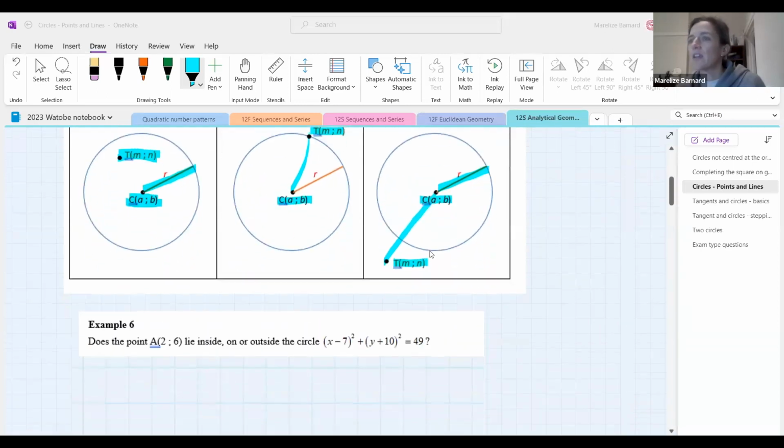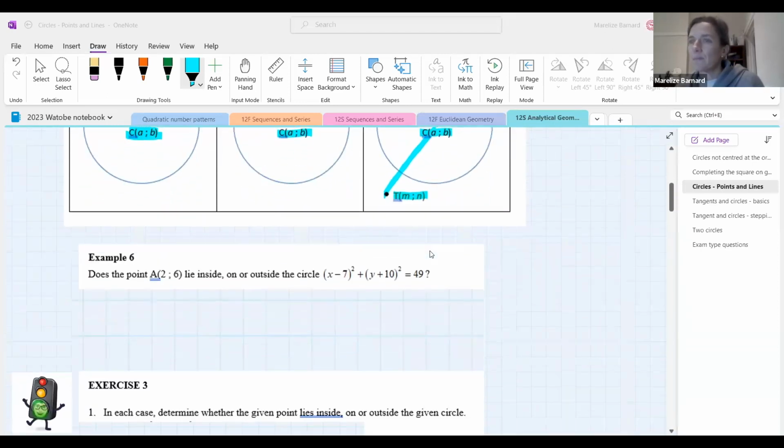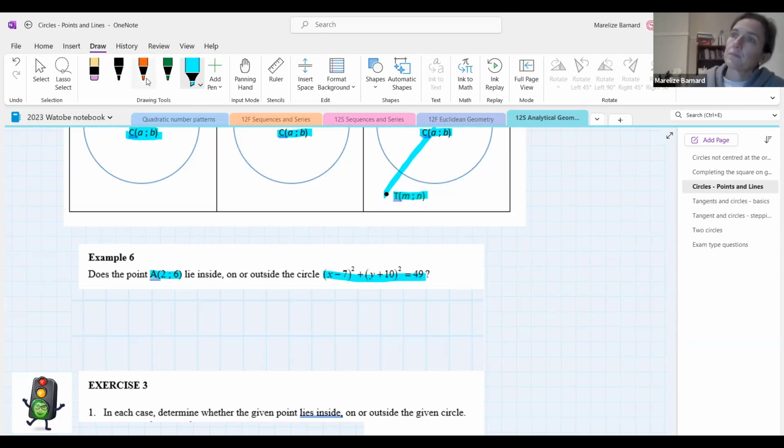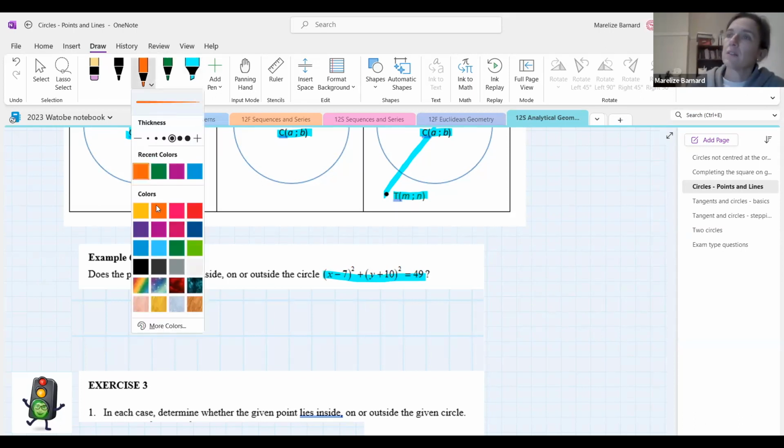All right, so the first question is this one here, and it says: does the point A(2, 6) lie inside, on, or outside the circle? And here we have the equation of the circle. So we're going to figure out if that point lies in, on, or outside.